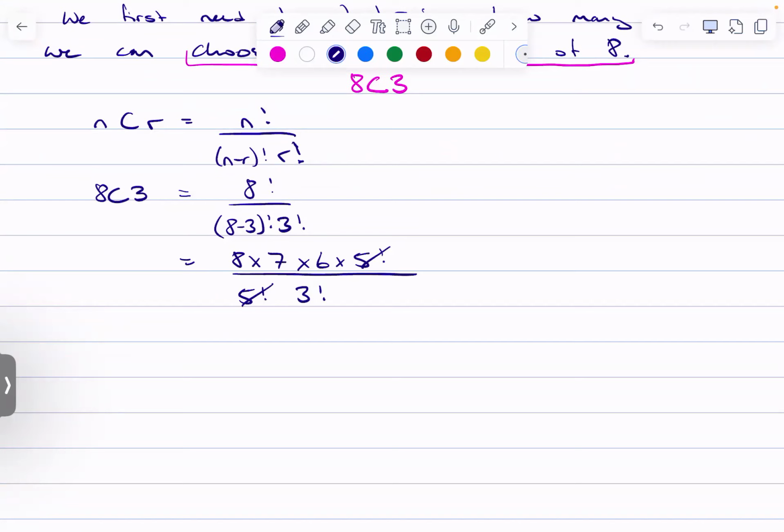And what's cute is 3 factorial is 3 times 2 times 1, which is 6. So 6 and 3 factorial will also cancel. And I'm left with just 8 times 7, which is 56. This is the total number of ways that, if I ignore the colors of the marbles, I could pick 3 marbles out of 8.